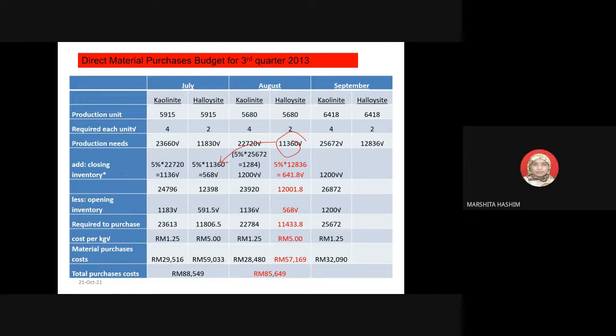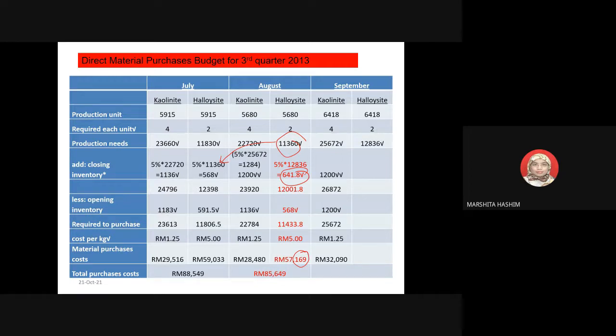Madam, yes, I want to ask. If I round off the figure, you can round off the figure. Yes, if you round off the figure, you will definitely get a different answer, but it doesn't matter.